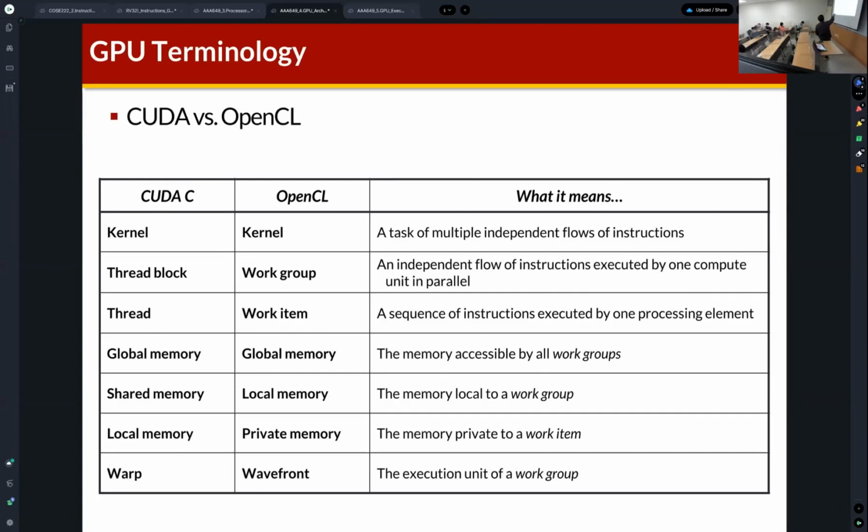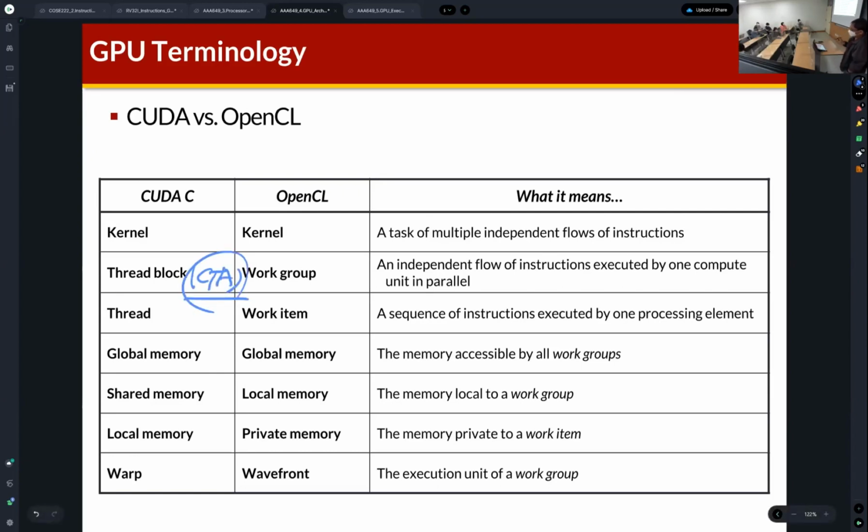Actually, the kernel is the same. The kernel is some function or some part of the program that can be executed by the GPU. CUDA and OpenCL both call this part the kernel. And then the thread block. The thread block is the standardized terminology, it's a correct terminology, but NVIDIA also calls the thread block a CTA.